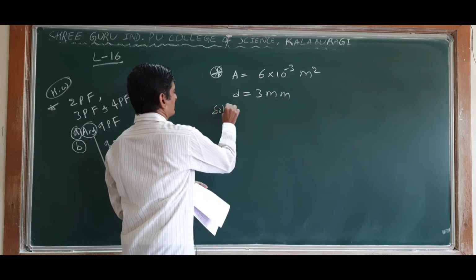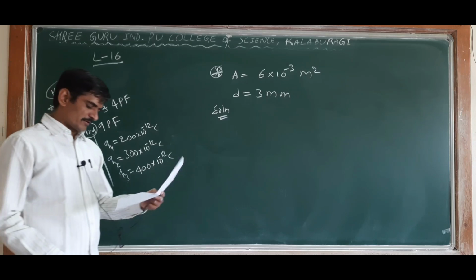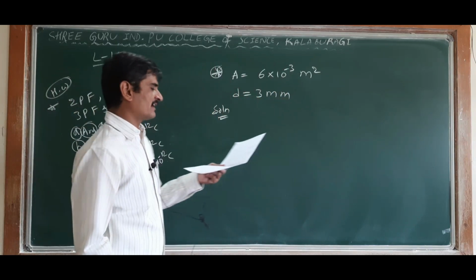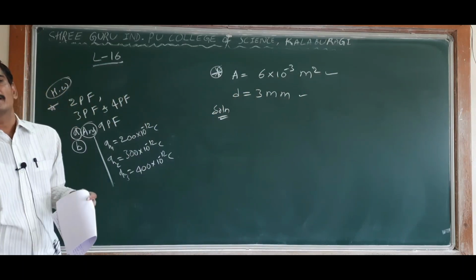So we will solve. What they have given? In a parallel plate capacitor with air between the plates, the area of each plate is given, the distance between the two plates is given, and the medium is air.